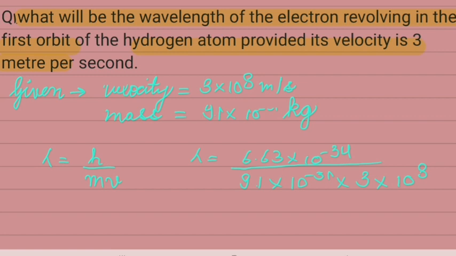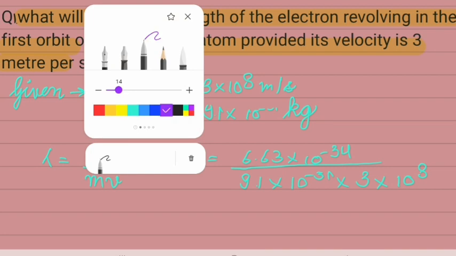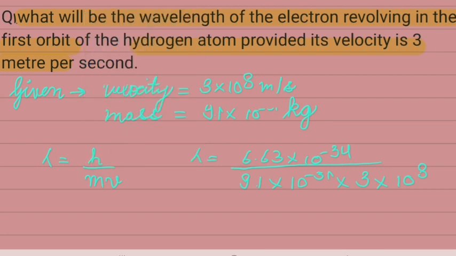First of all, let us solve the powers. So what are the powers that I get over here? I see that minus 31 and minus 34, when solved together, we get minus 65, and this 8 goes above and it becomes minus 8. The combined answer of this is minus 11.